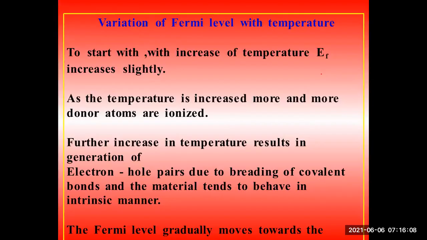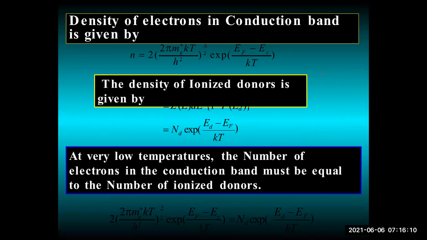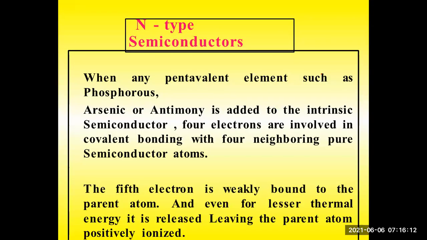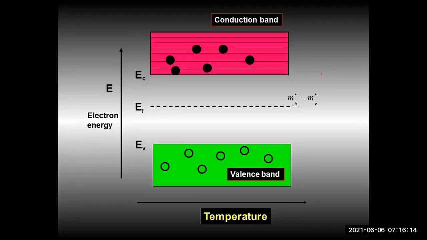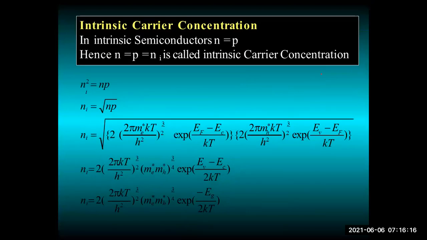For an intrinsic semiconductor, n i is 2 into 2 pi kT by h square whole to the power of 3 by 2 into m e asterisk m h asterisk to the power of 3 by 4 exponential of minus Eg by kT. This is the value of n i. Clear, everybody?